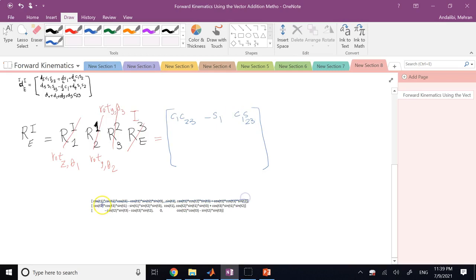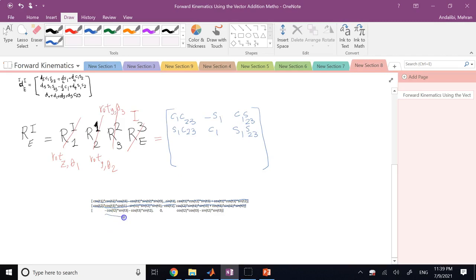Okay, and then you go with this guy here, where sine T1 is common. So it's going to be S1 times C23, followed by cosine of 1. And then the last one, if you look, sine T1 is again common between them. So this is sine of theta 1 times S23.